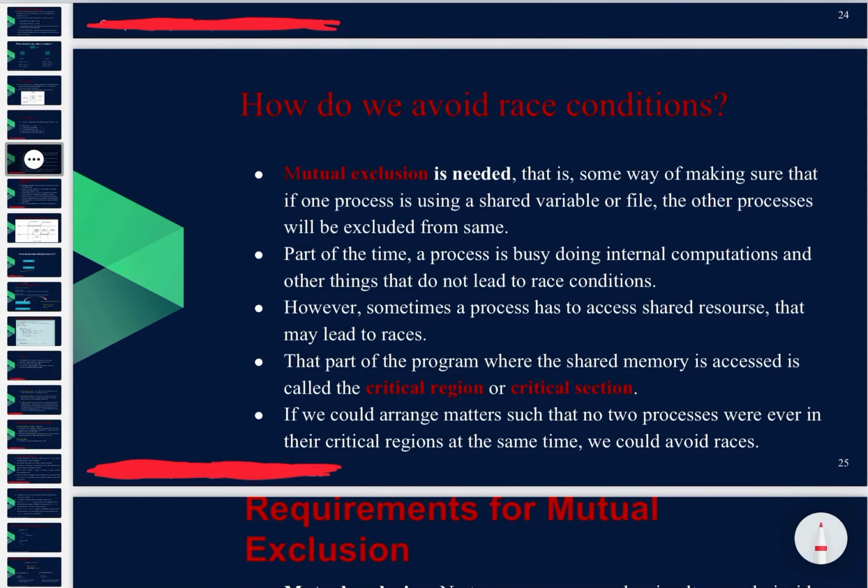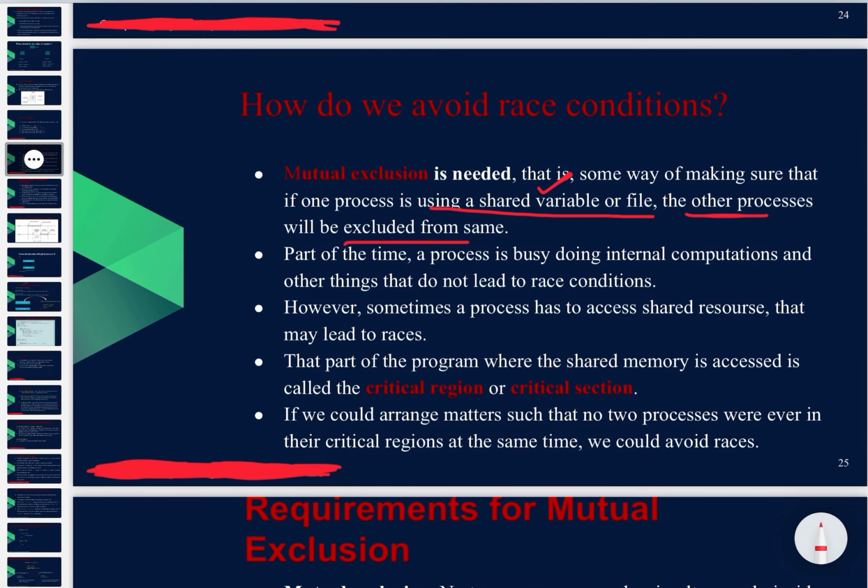So, how do we avoid the race condition? Mutual exclusion is needed, that is some way of making sure that if one process is using a shared variable or file, the other process is excluded from the same. So mutual exclusion makes sure that if one process is using a shared variable, then you do not allow the other process to come inside and use that shared variable.